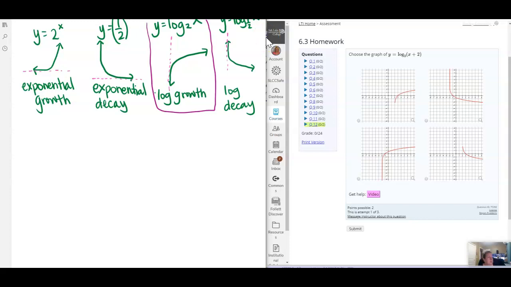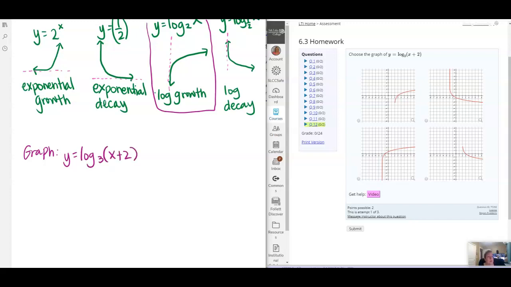I have x plus 2. So let's look at one like this. If you're asked to graph y equals log base 3 of x plus 2.